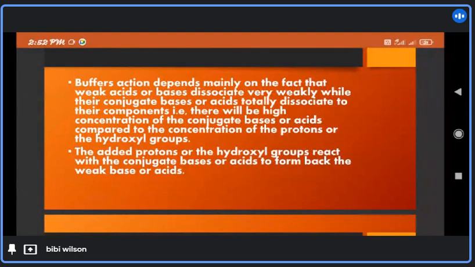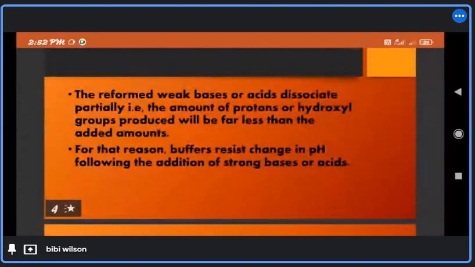Next, added protons or hydroxyl groups react with the conjugate bases or acids to form back the weak base or acid. The reformed weak bases or acids dissociate partially. It means that the amount of protons or hydroxyl groups produced will be far less than the added amounts. For this reason, buffers resist change in pH following the addition of strong bases or acids.